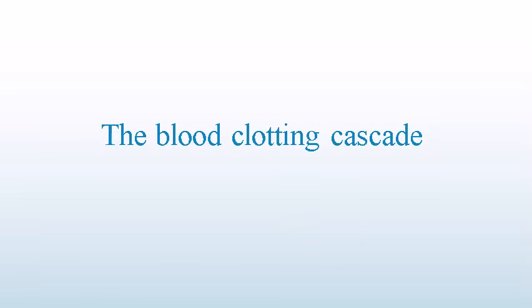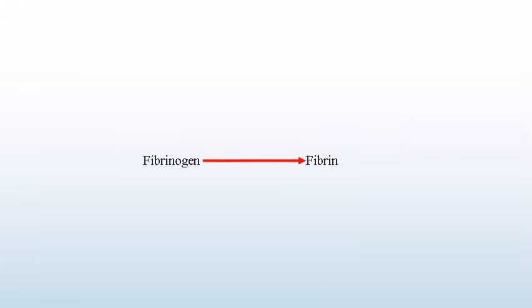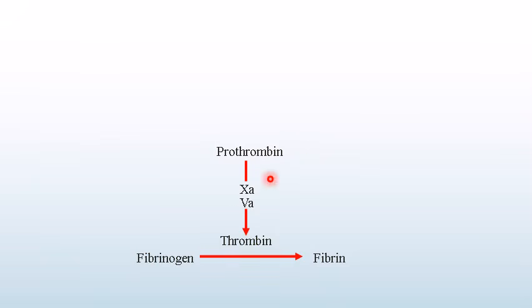We will take it from bottom to up. The end result we need to secure and cement primary hemostasis is fibrin. Fibrin comes from a protein called fibrinogen. Thrombin acts on fibrinogen to transform it into fibrin.